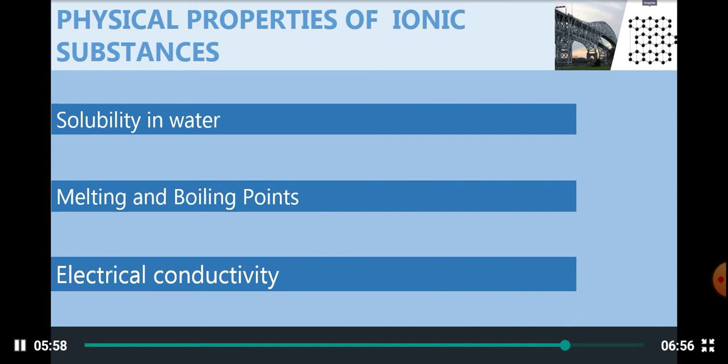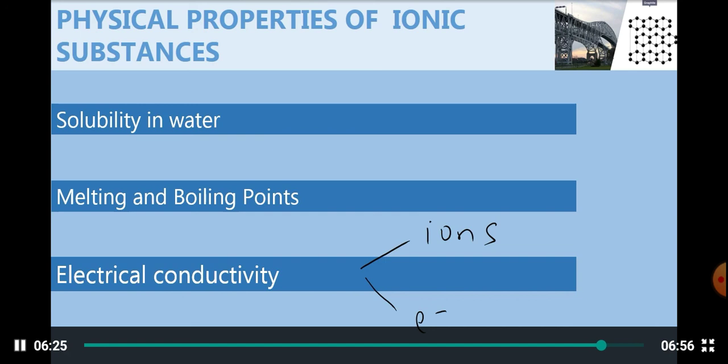Electrical conductivity is as a result of either movement of ions or movement of electrons. Now, in solid state, the ions are held together strongly by strong ionic bonds and cannot move. So, the compound cannot conduct electricity or even heat.